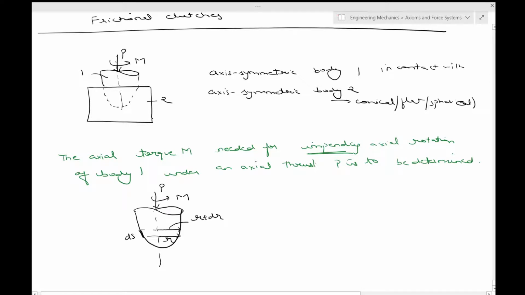So you have to now consider an elementary ring of the contact surface with width ds and radius r. So the normal makes an angle of 90 minus alpha with this.